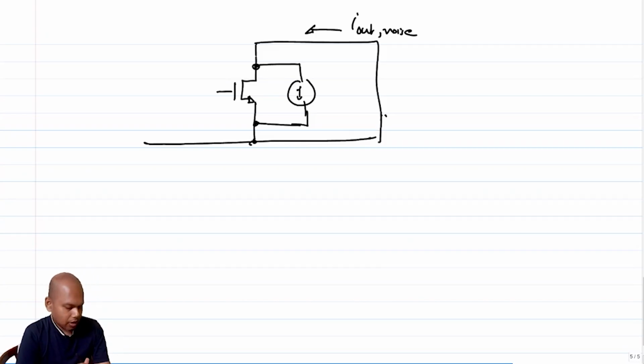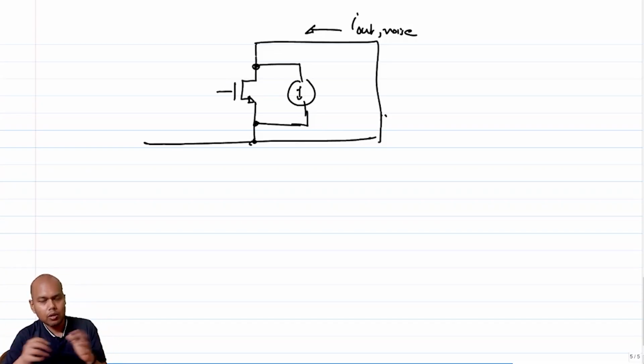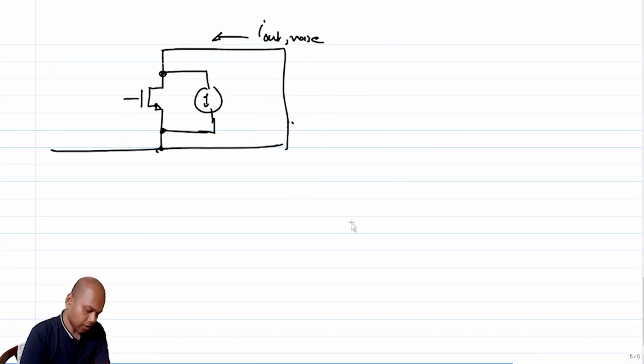Okay, and I want to represent this just like in case of a resistor, we are able to represent the resistor output as a voltage source in series or a current source in parallel. I would like to ensure that I have a noiseless resistor.